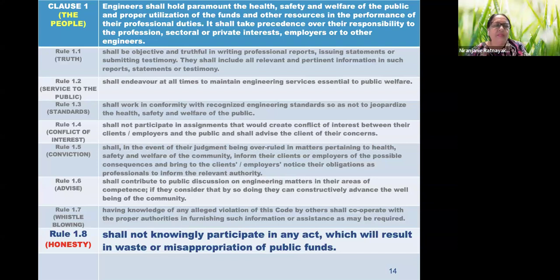Let them, if they want, spend it on whatever, right? As an engineer, it is our duty to show them. If they still want to go ahead and do it, I guess we may not be able to control it if it's private money. But public money, definitely we have to avoid waste.